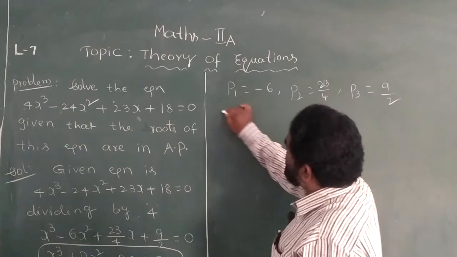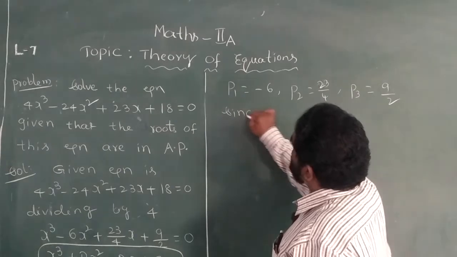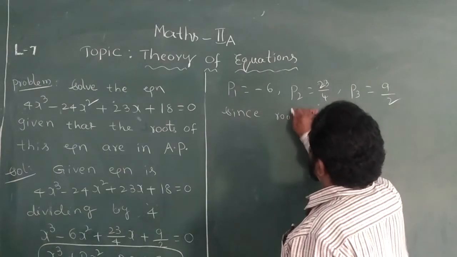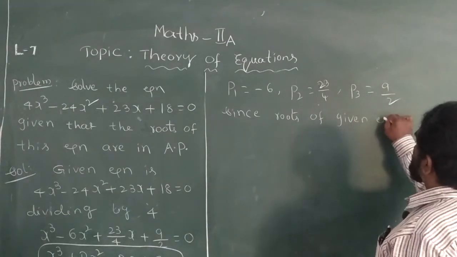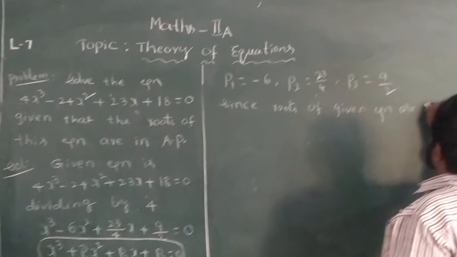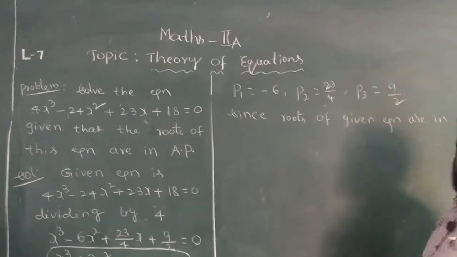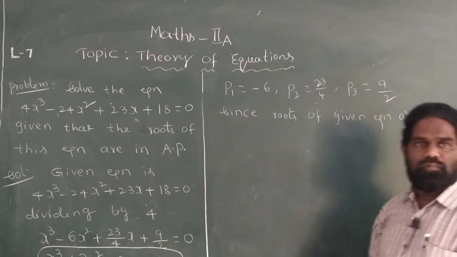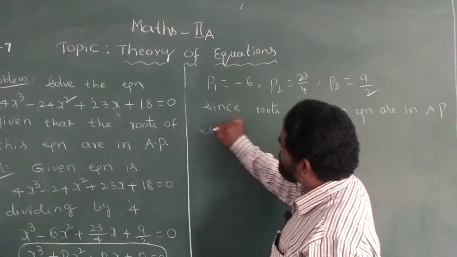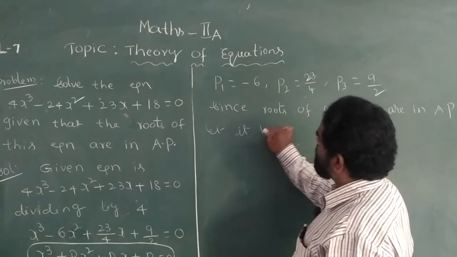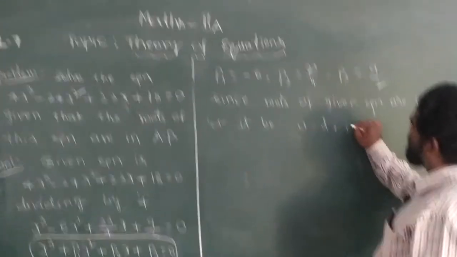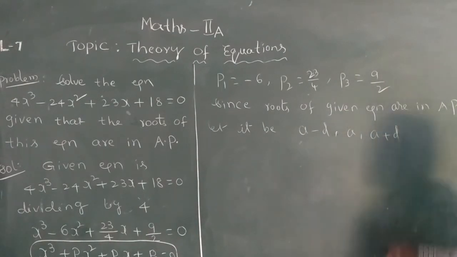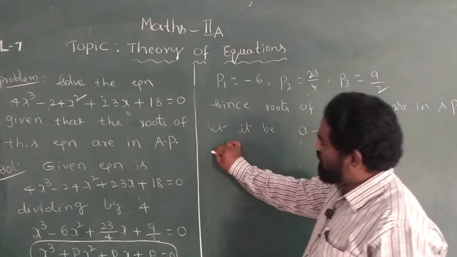Since roots of the given equation are in arithmetic progression, let them be a minus d, a, a plus d. Now take the conditions.